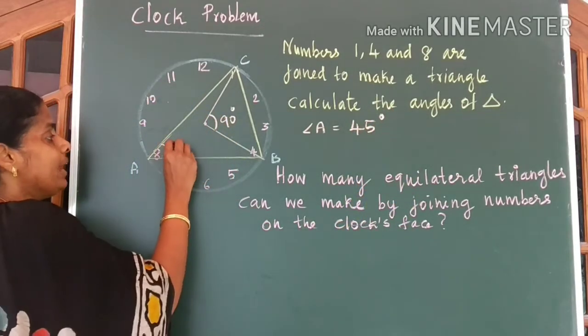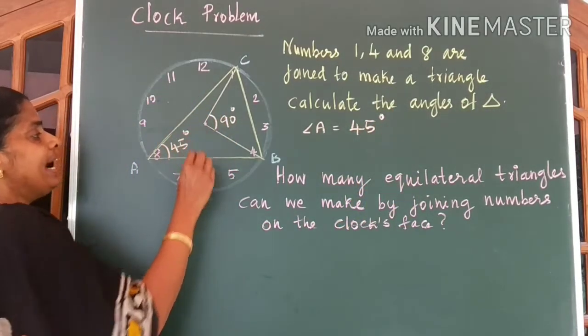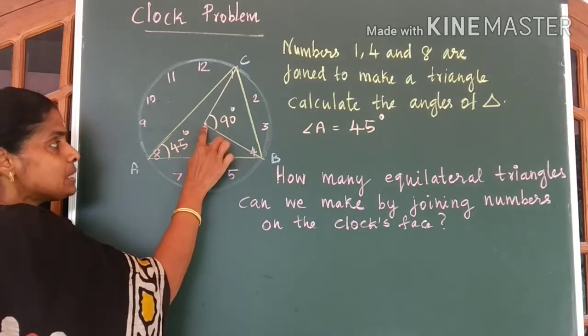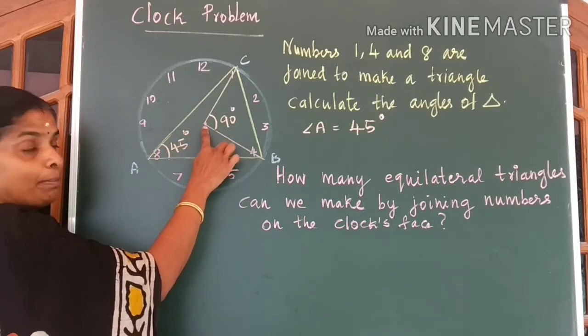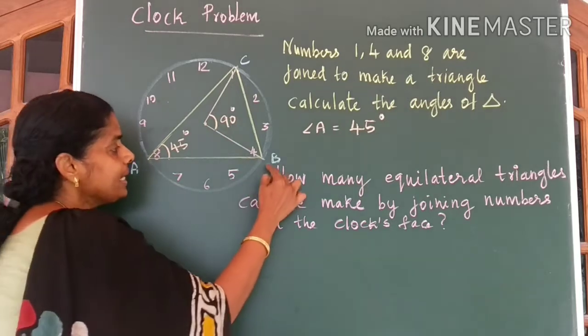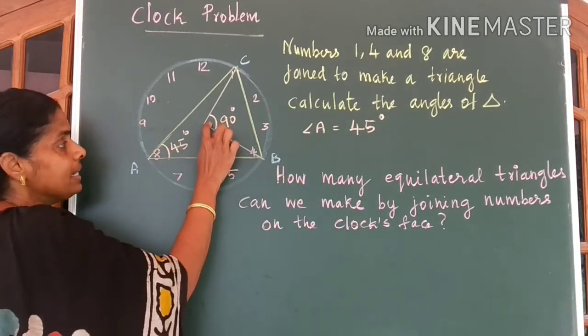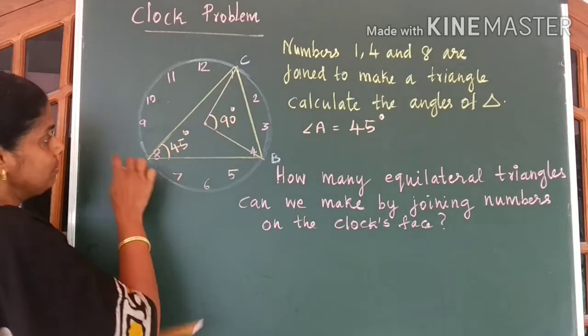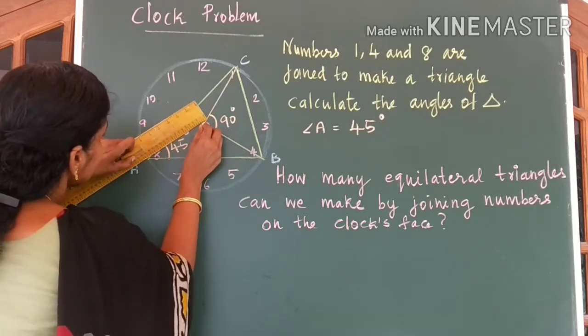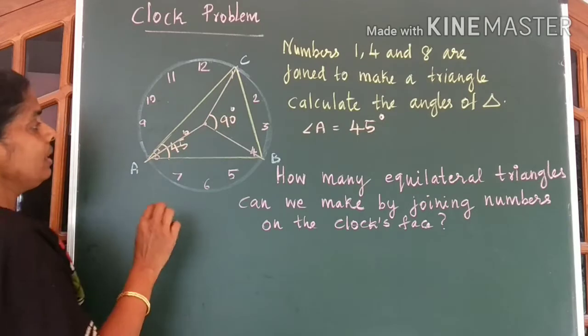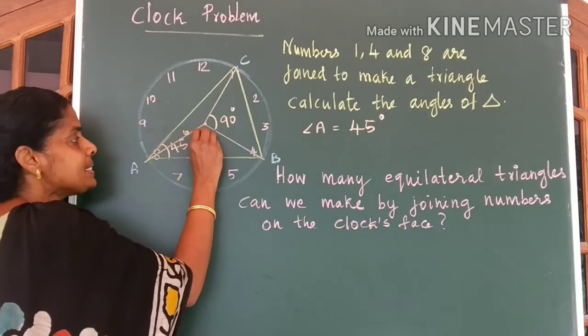Okay. Now let us write the angle at this point formed by the arc AB. To find it, join the center to A. Now what is this angle?